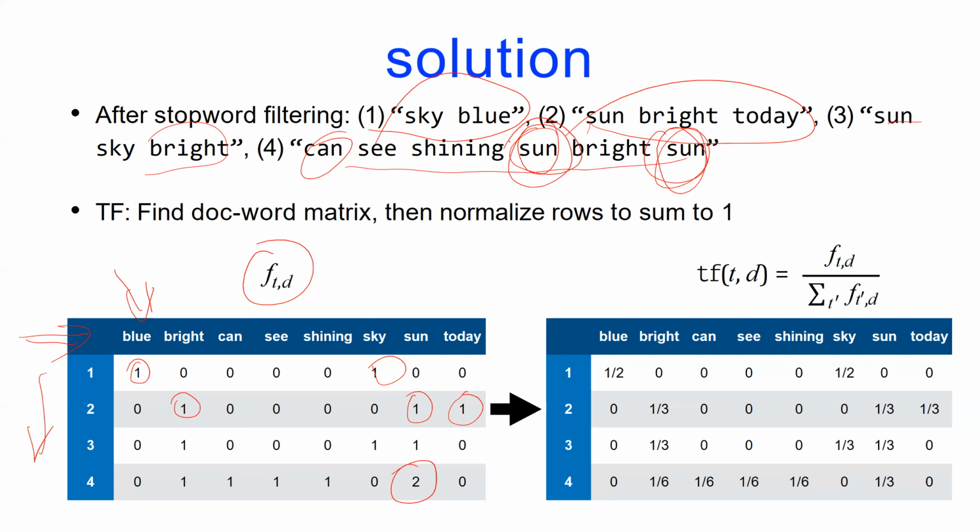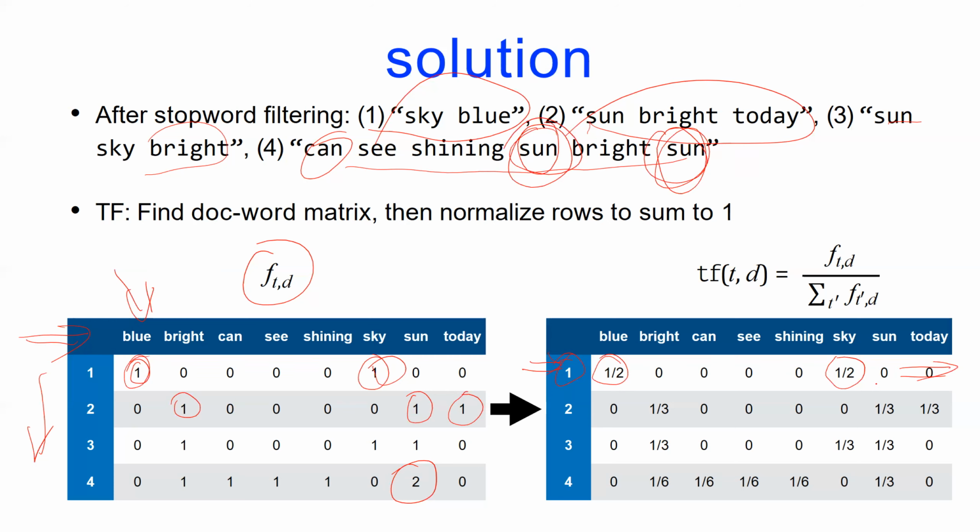Now you normalize within each document. First consider document 1: because you have 2 terms, each of them will be normalized by 1/2. You make sure each row adds up to 1.